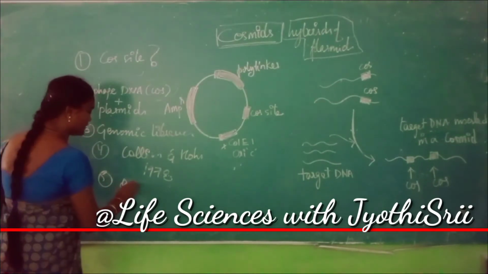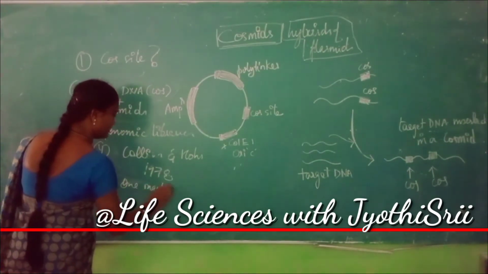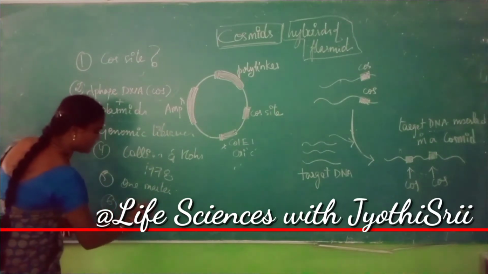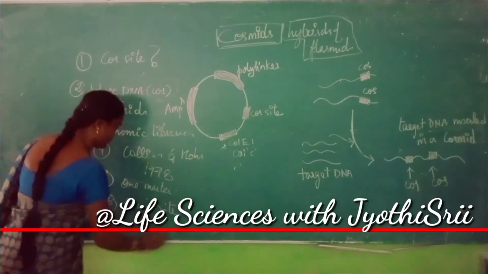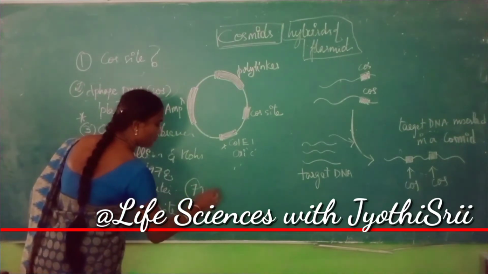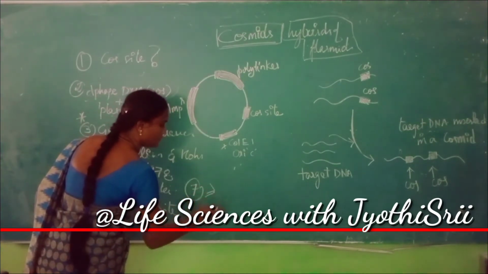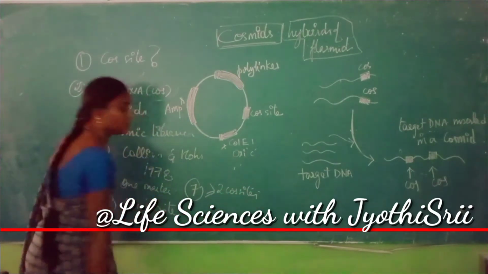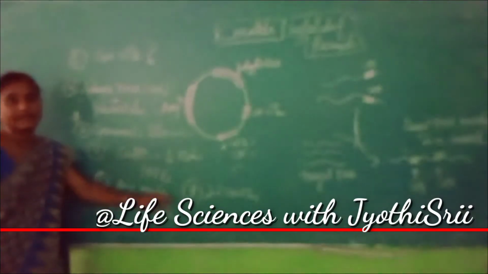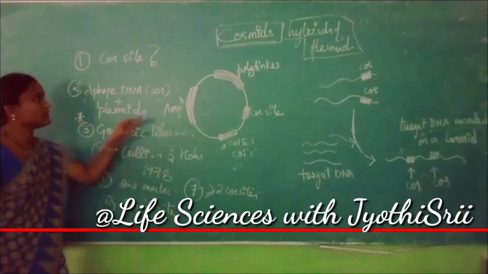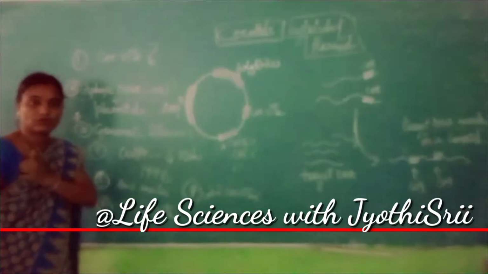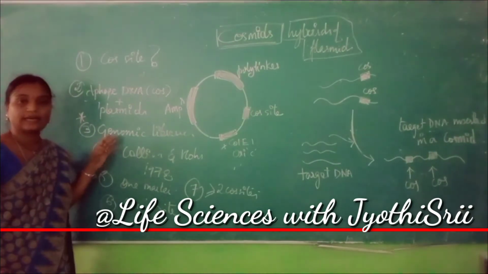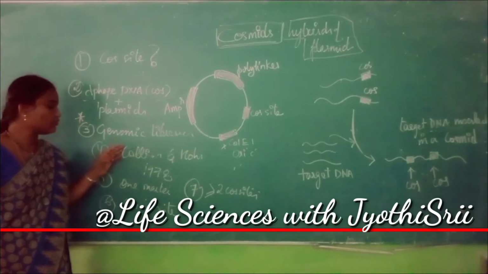So one marker is present, one ORI site, and two or more cos sites. These are the different criteria for a cosmid vector. Cosmids are hybrids of a plasmid with a cos site of lambda phage DNA, and they are generally used for construction of genomic libraries.